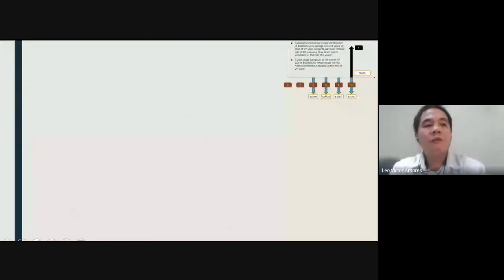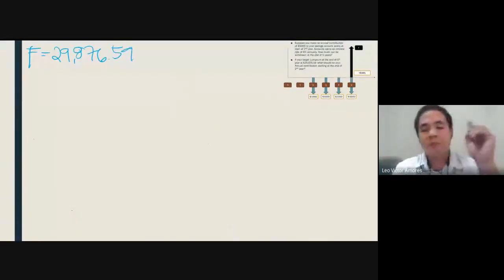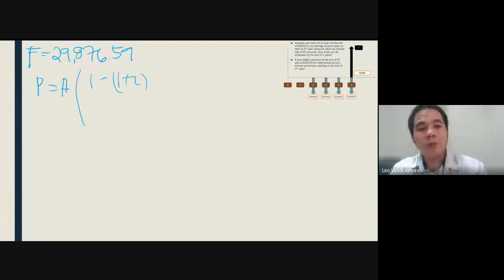Meaning, your F is equal to 29,876.59. Going into the formula, we already know that P is equal to A, 1 minus 1 plus i to the power of negative n, over i multiplied by 1 plus i to the power of m.